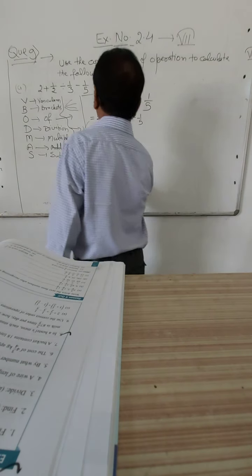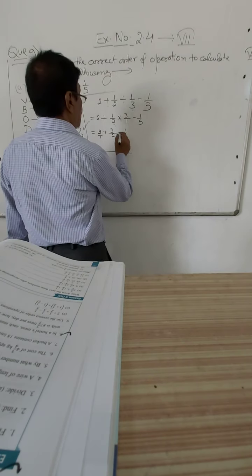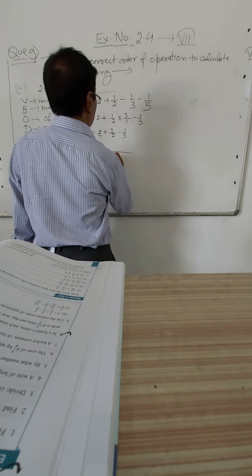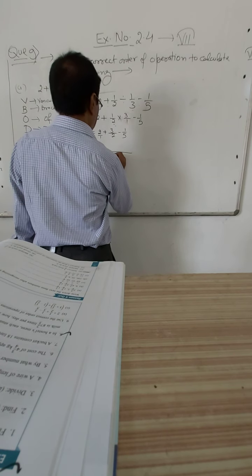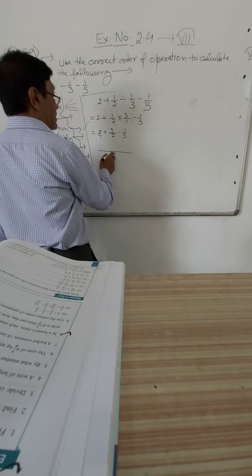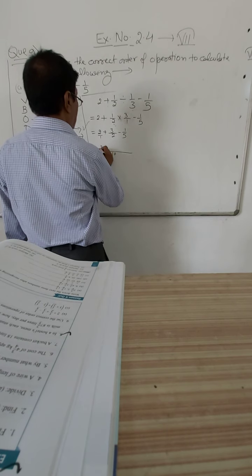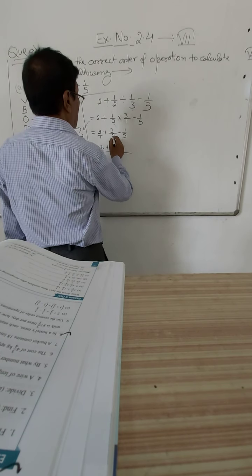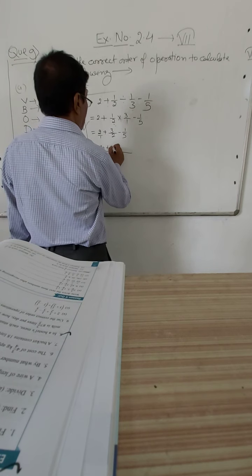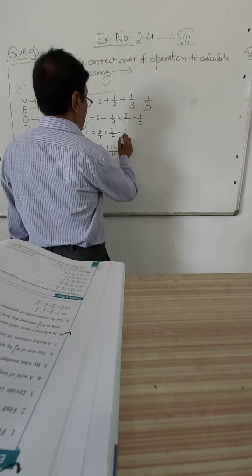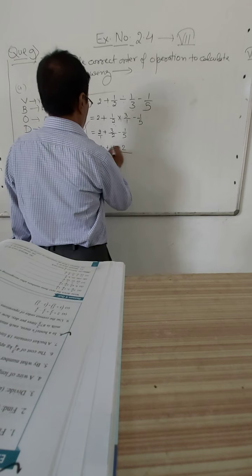Take the LCM of these: 1, 2, 5. The LCM will become 10. 1 tens are 10, 10 into 2 is 20. Plus 2 fives are 10, 5 into 3 is 15. 5 twos are 10, 2.